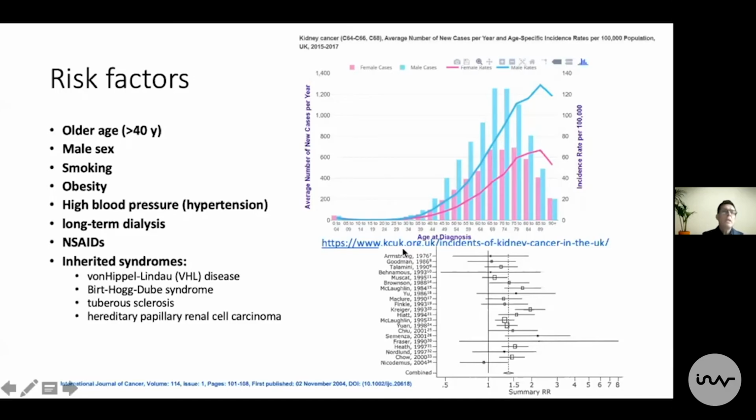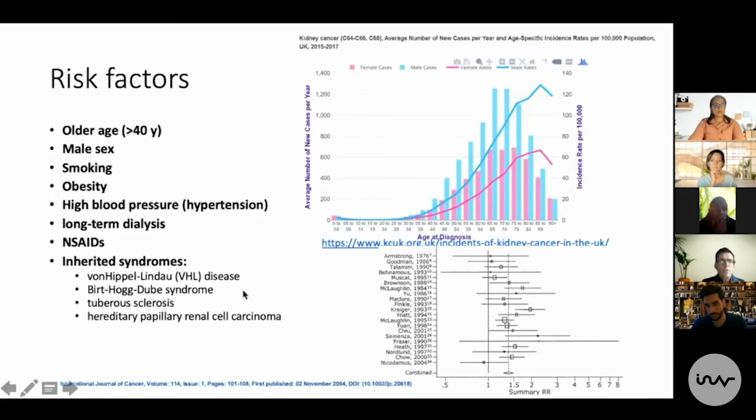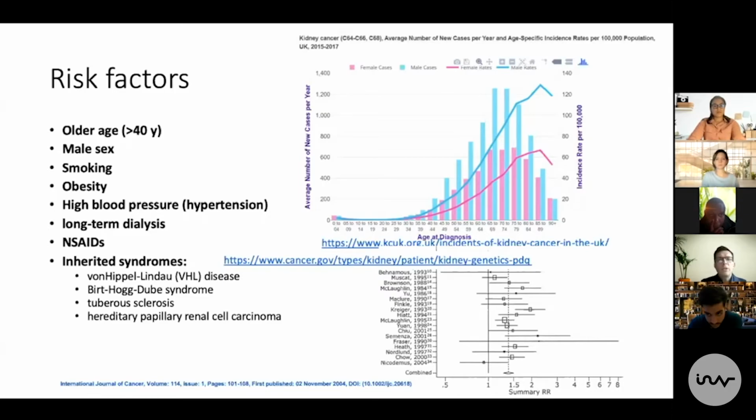There are some inherited syndromes which also can increase the risk of renal cancer. The von Hippel-Lindau gene, for example, is mutated in about 20% of renal cancer patients. I included some sources if you're interested to read further.